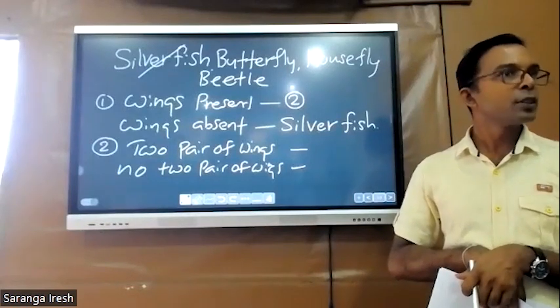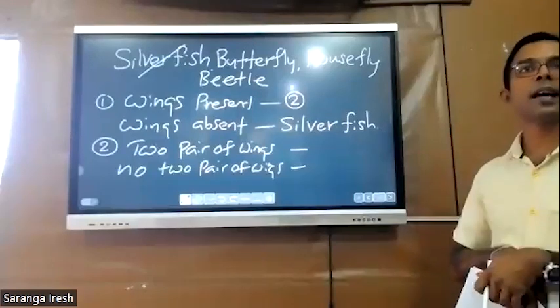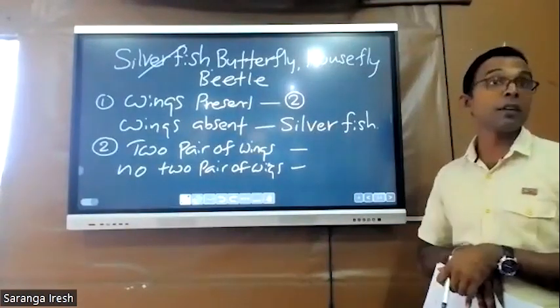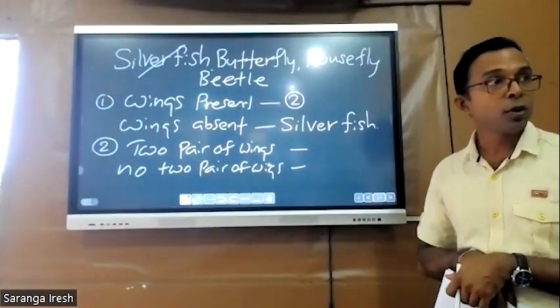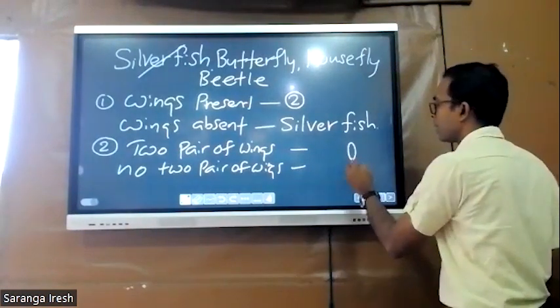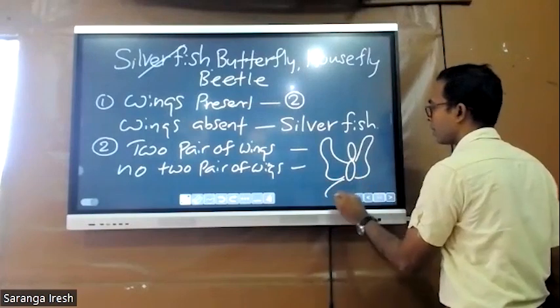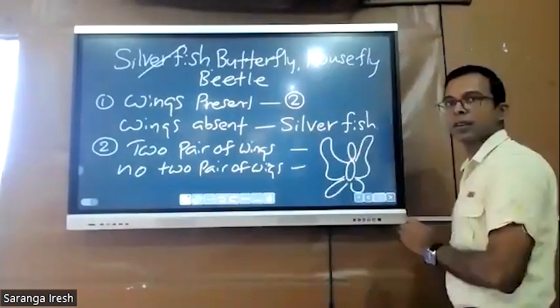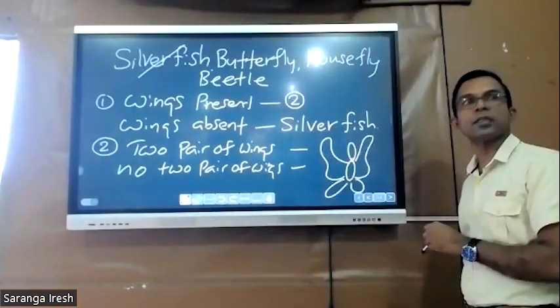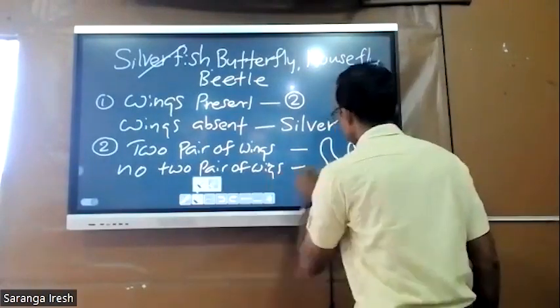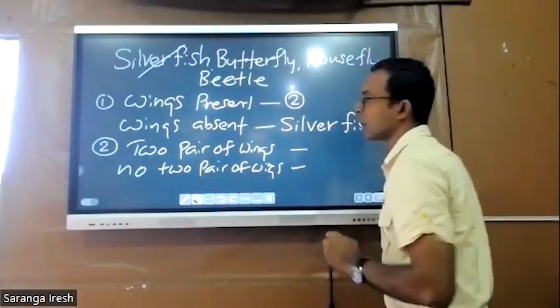Housefly has only 2 wings. Butterfly has 4 wings. Right.